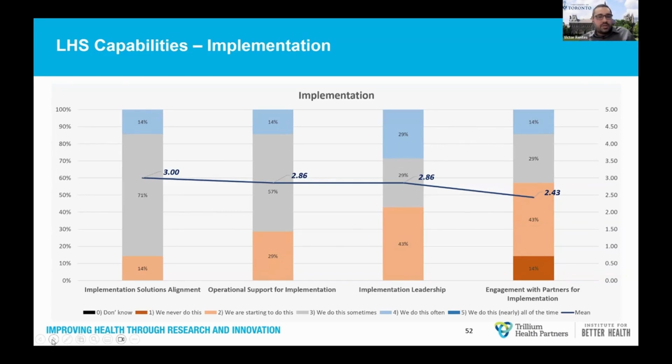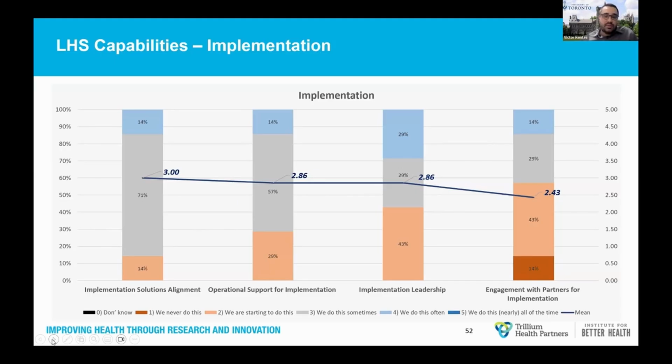A score of 3 means we're doing this often. So some opportunity for improvement, but overall that's been perceived to be enacted well. The second stack bar is operational support for implementation.